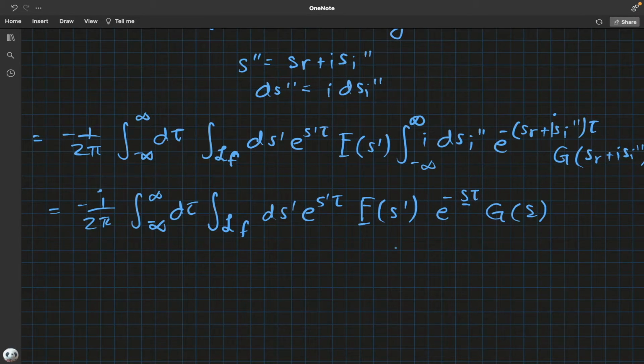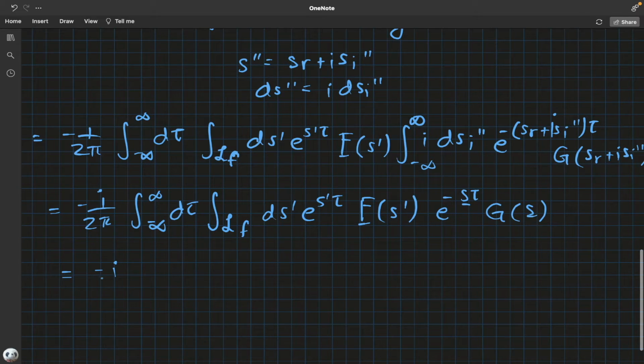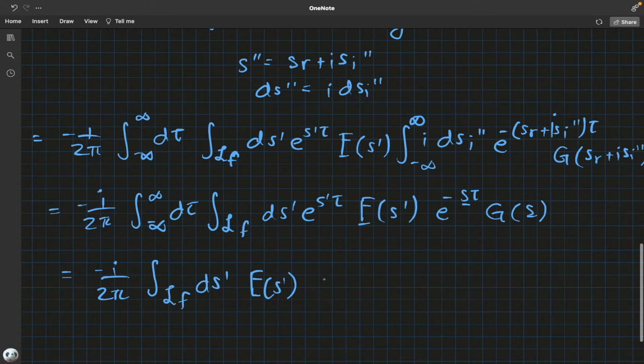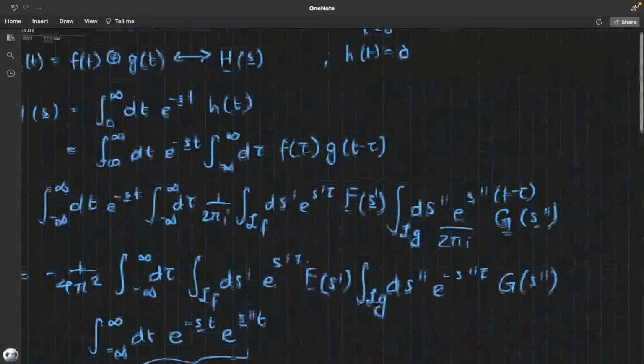Now, what we can do is repeat the process that we did to generate a delta. So again, interchange integrals. We have to consider the tau integral. So the tau integral is d tau e to the tau s prime minus s. So now for this, I have to sort of repeat this argument again.